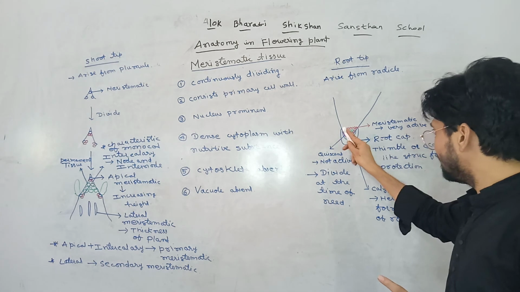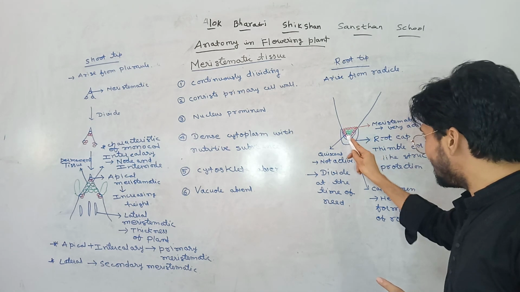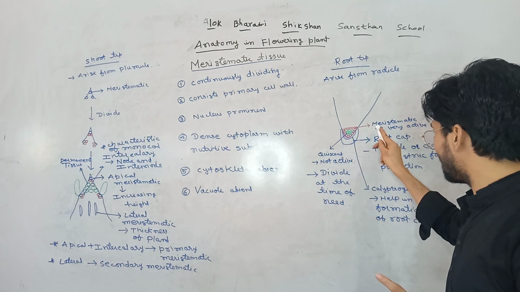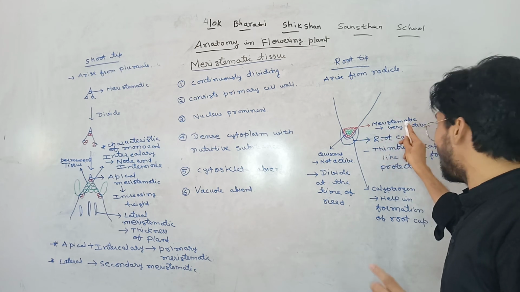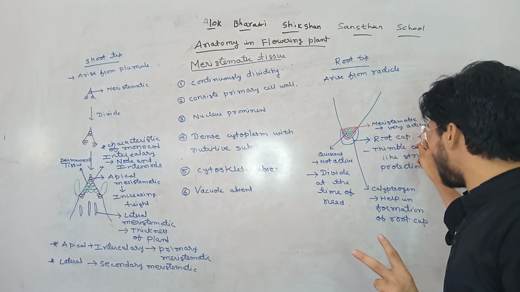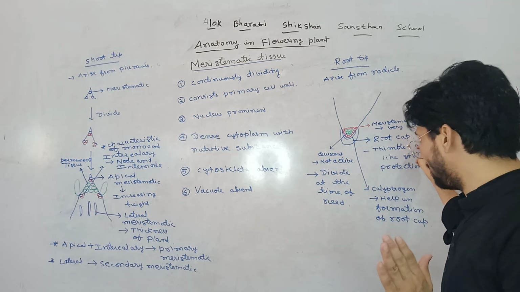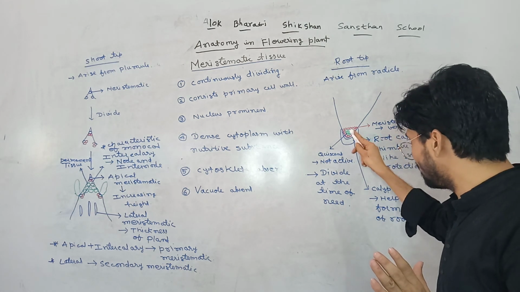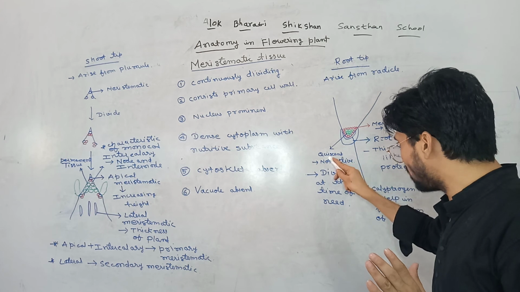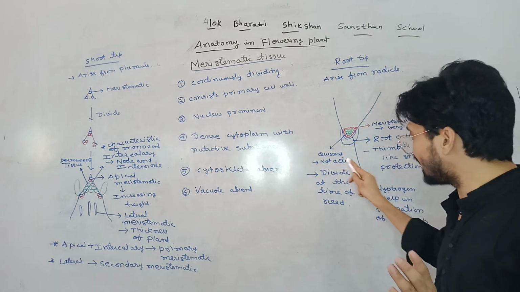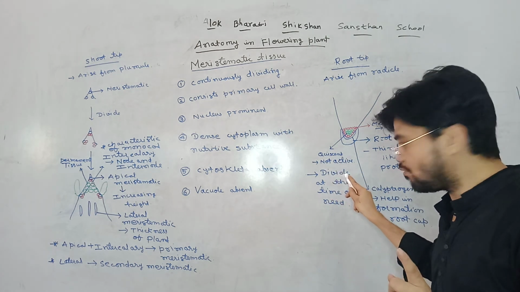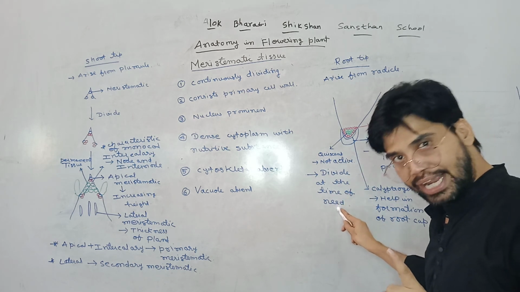At the tip, which you see in red color, is meristematic tissue, and this tissue is very active and helps in division. At the center of this tissue, drawn with green chalk, is the quiescent center, which is not active, but it will divide at the time of need.